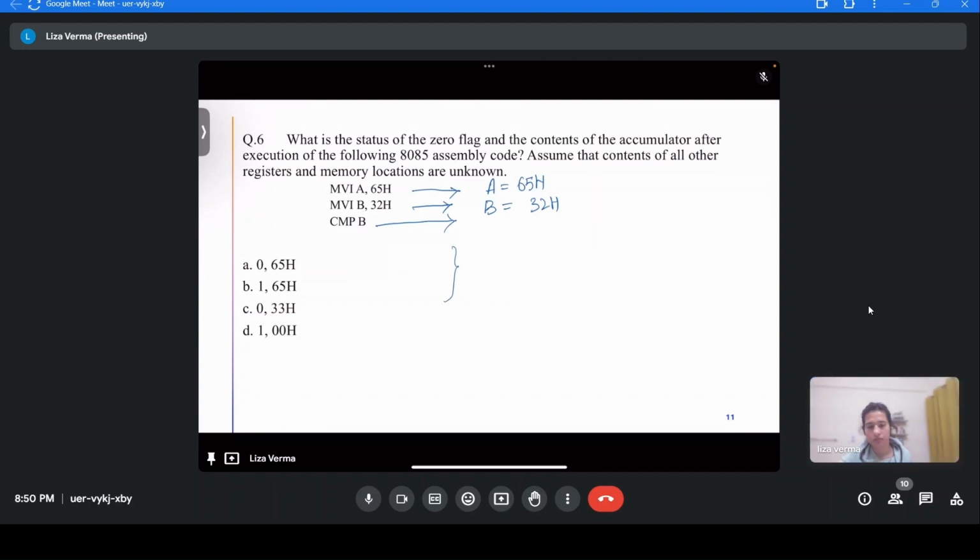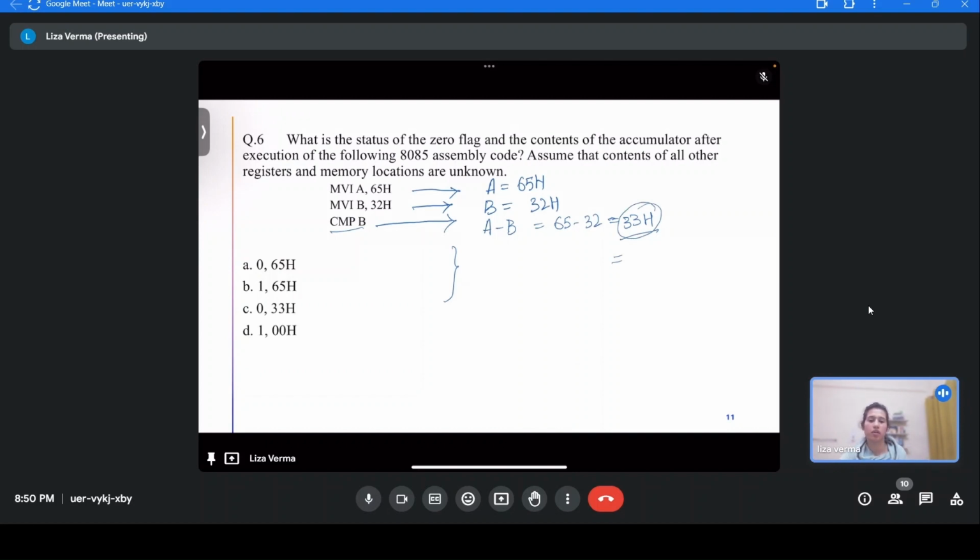Subtract B from A. Yes. Compare B does A minus B, which means 65 minus 32, and this will be 33H, right?